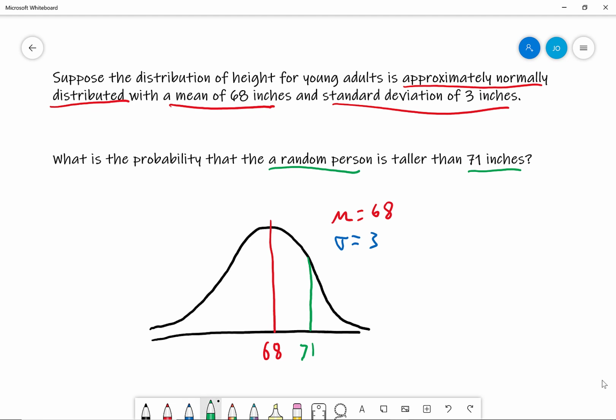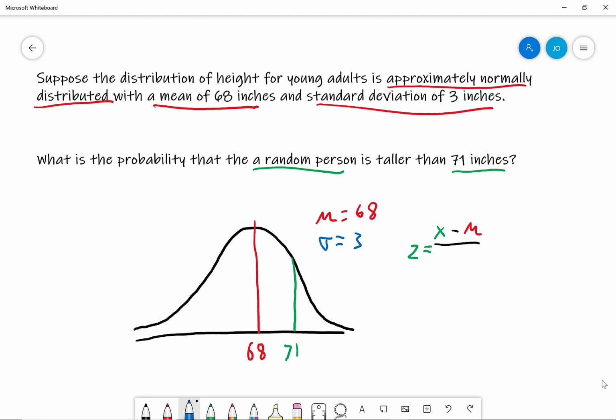If we were to calculate the z-score for the value 71, our z-score formula is x minus mu over sigma. And so here our value is 71, our mean is 68, and our standard deviation is 3. And we're looking to calculate how many standard deviations is 71 away from 68. And if we were to do this out, we would get the value 1.